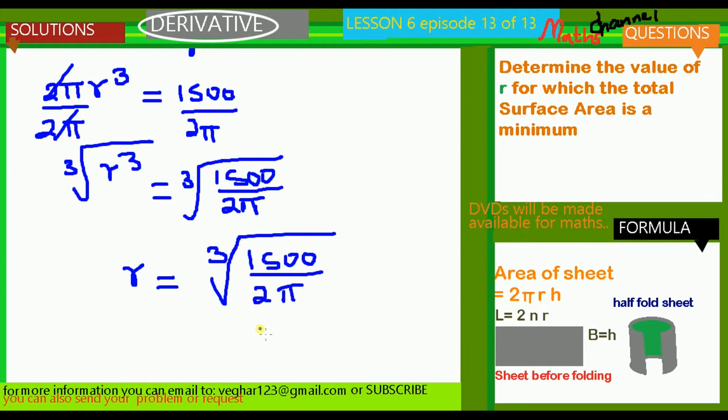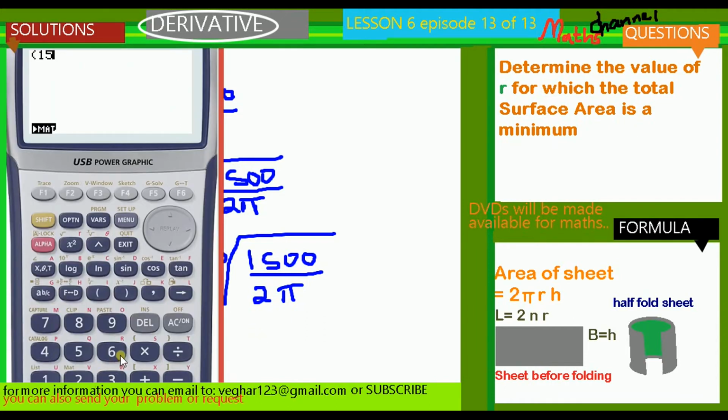So we are at this position, you have to calculate. Divide by 2, raised to 1 over 3.